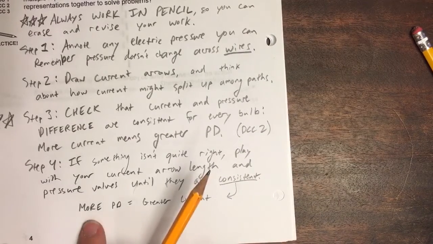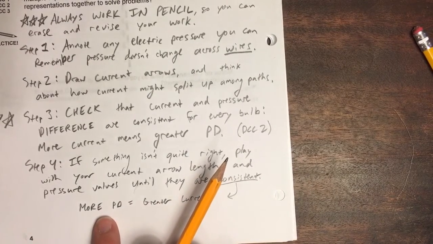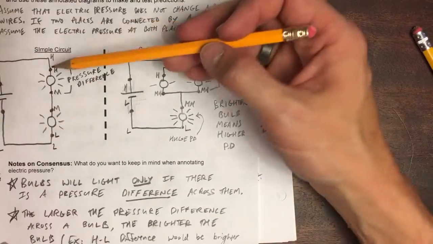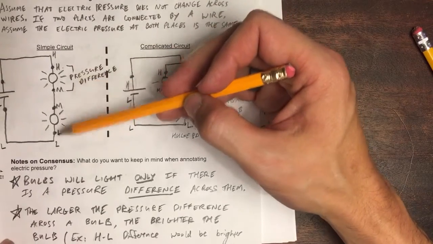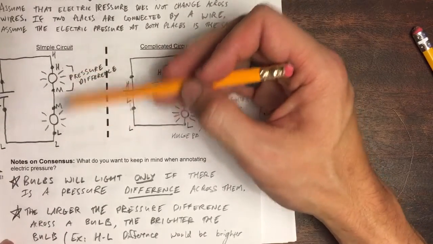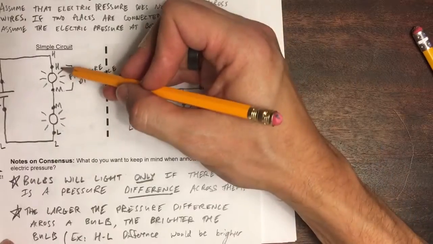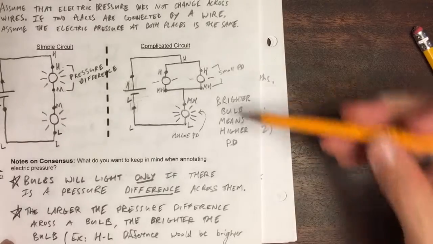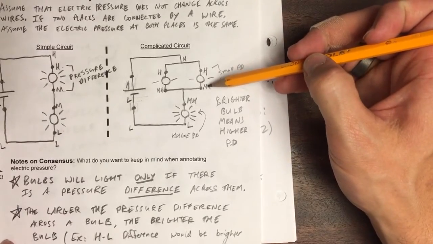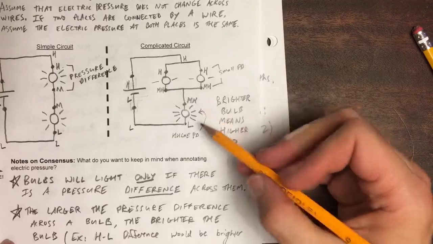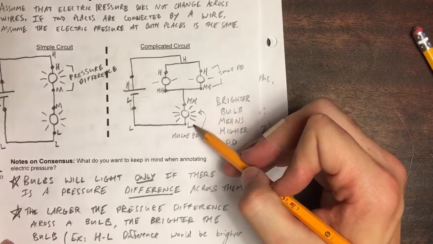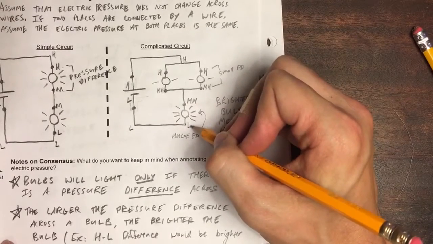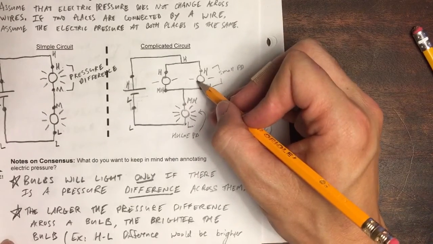So a pressure difference from, let's look at this example again. A pressure difference from high to medium and medium to low would be the same pressure difference. So you would see the same current arrow through both of these bulbs. But a pressure difference from high to medium high is a small difference, and a pressure difference from medium high to low is a big difference. So you would have to see more current through this bulb than through this bulb.